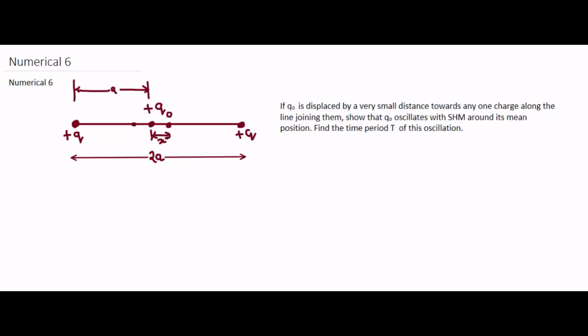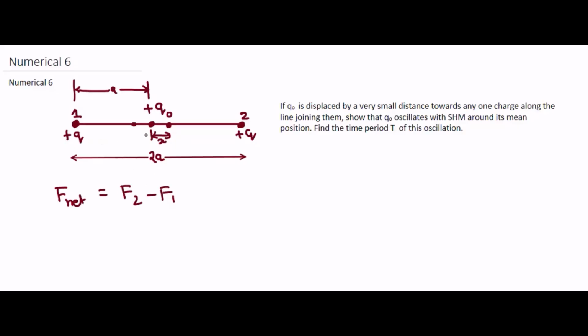Now let us say we have this position x distance apart. In this position, what is the force applied by this charge? Let us call this charge 2 and this charge 1, and the force applied by this is F2 and the force applied by charge 1 is F1. So when it is in this position at x distance, the net force acting on it is F net equal to F2 minus F1.